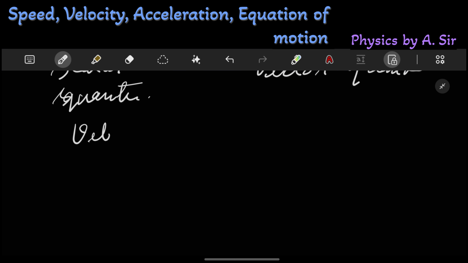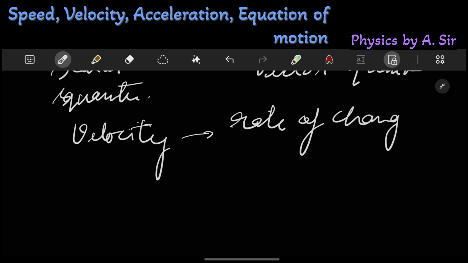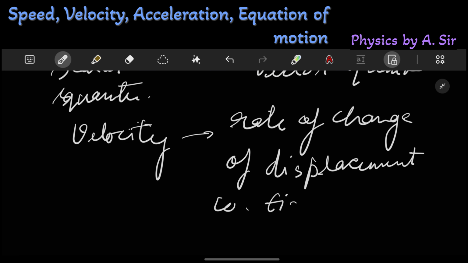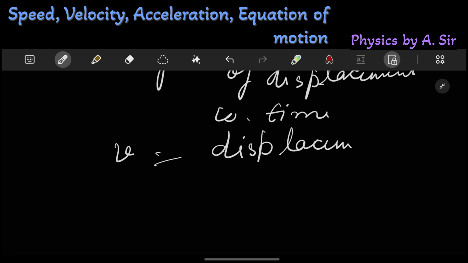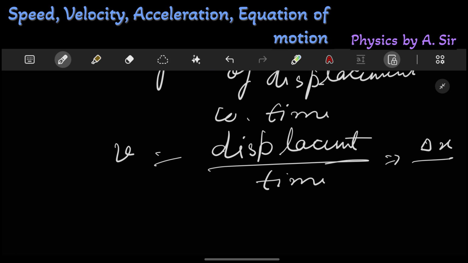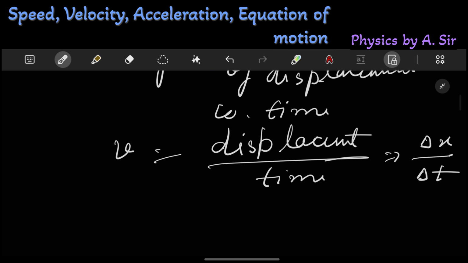Velocity is the rate of change of displacement with time. In other words, velocity is displacement upon time. Let's say displacement is x, then the change in displacement is del x and the change in time is del t.